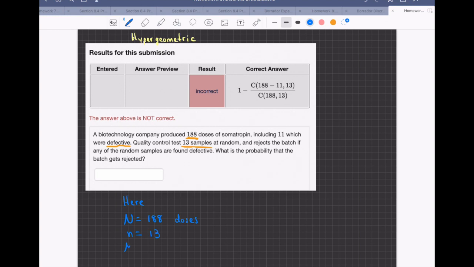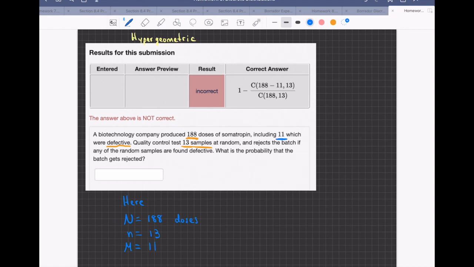And M, again, is the number of elements in the total population with the characteristic that we want. In this case, we want to focus on defective doses. So how many defective do we have? 11. So put 11.